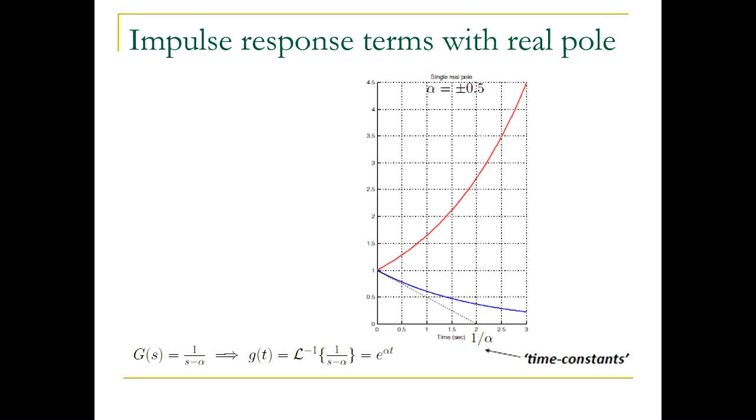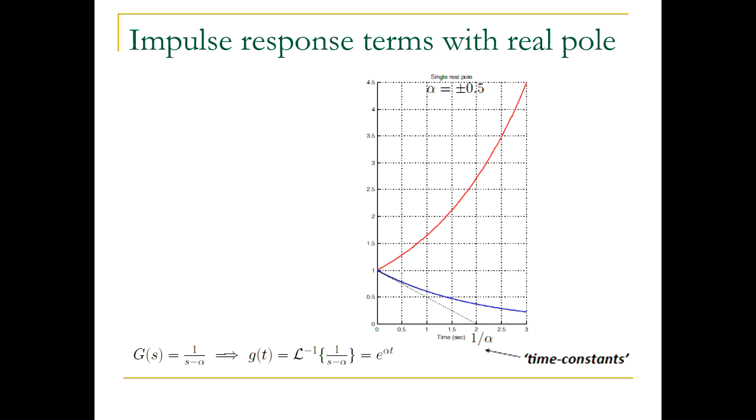One interesting thing is that if you consider a stable response and take a tangent on this blue line at time equal to 0, that's this dotted line, it would intersect the time axis exactly at 1 over alpha.